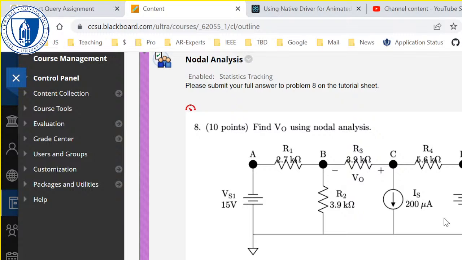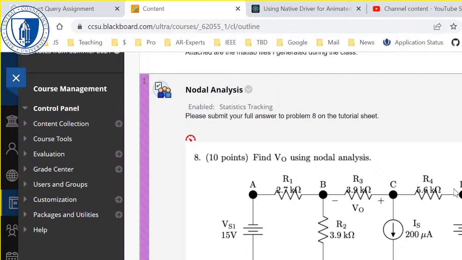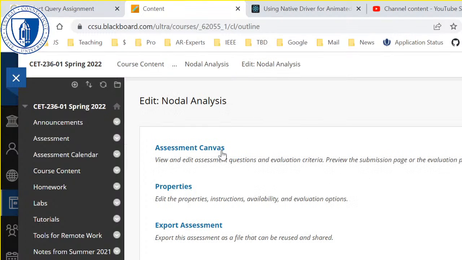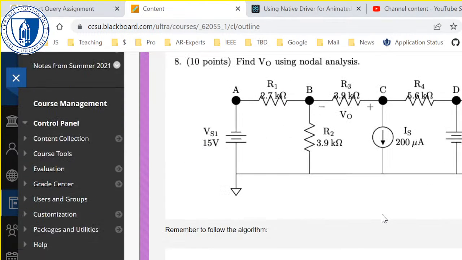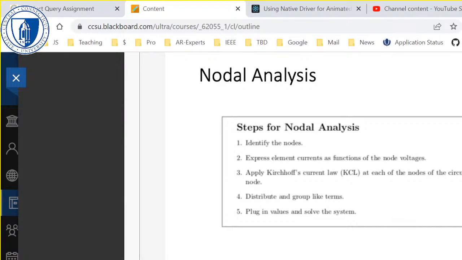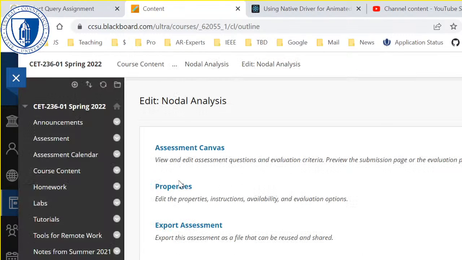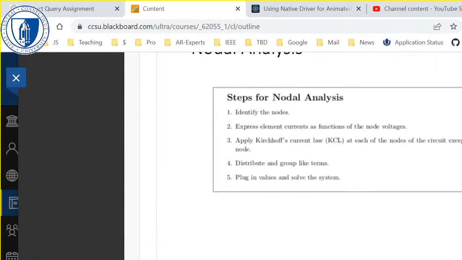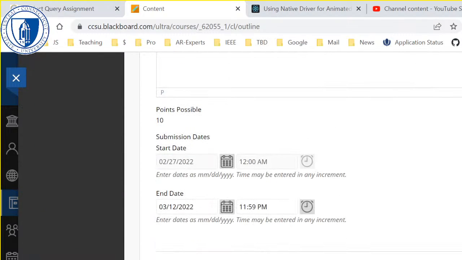And I've forgotten when it starts and when it finishes and all that sort of stuff. Let's have a look. Properties, I think it's properties.